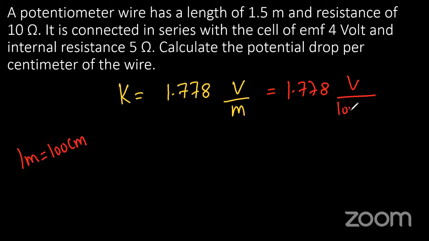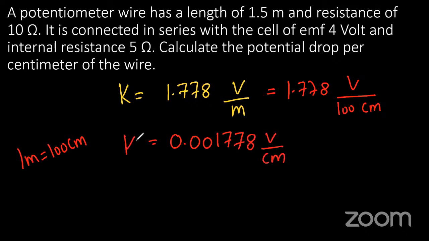So यहाँ पे मैं लिखता हूँ 100 सेंटीमीटर. 1.778 divided by 100 मतलब क्या होगा? It will become 0.001778 volt per centimeter. So this is your value of K. I think it's wrong. Just wait.